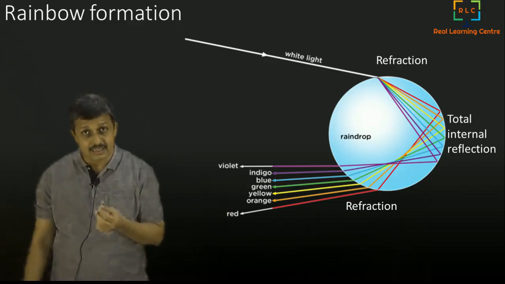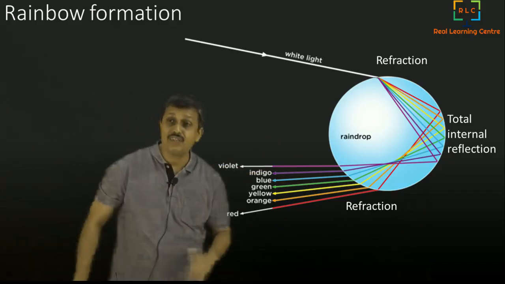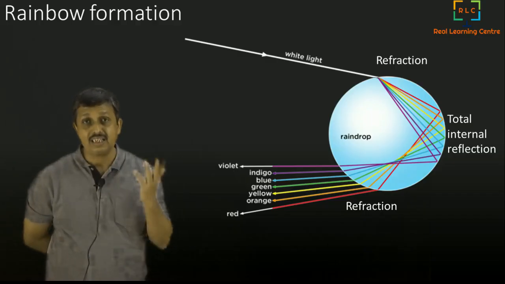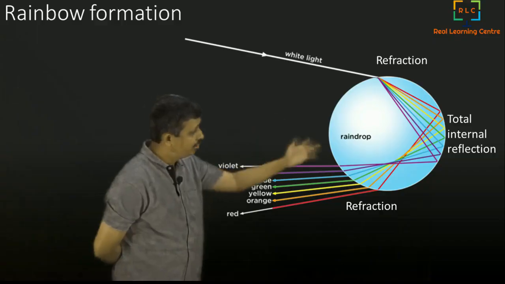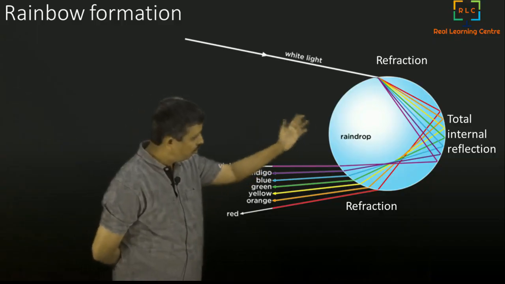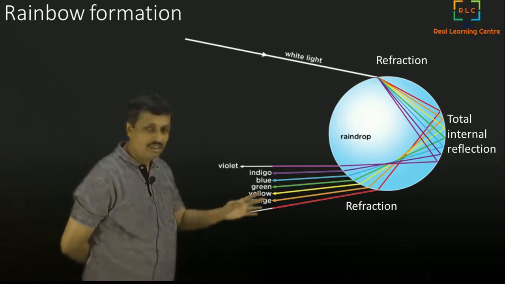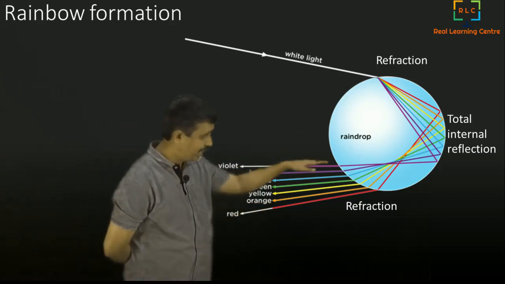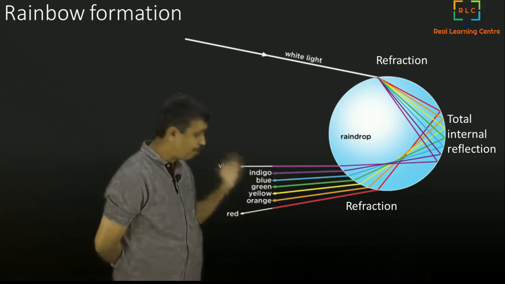But please understand that the speed of light inside the water is different for different colors, like glass, and hence you can see very clearly that all the different colors are separating out, and they separate out more when they take a deviation, a total internal reflection, and come out.